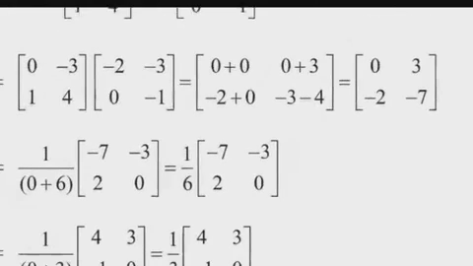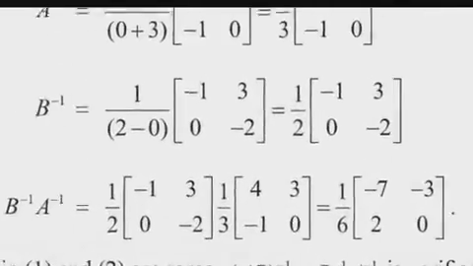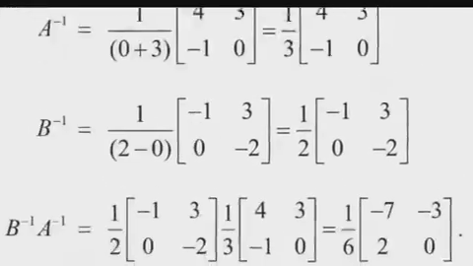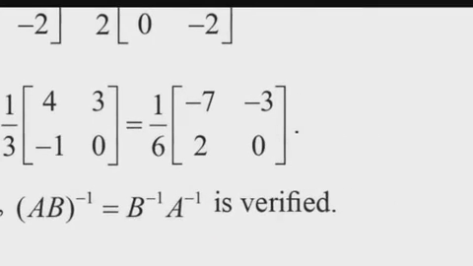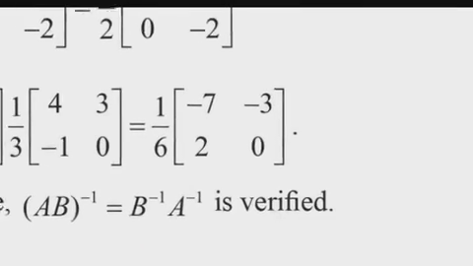Next A inverse and B inverse value. Next B inverse into A inverse, we get the same value as (AB) whole inverse. So these two values are equal, therefore that equation is verified.